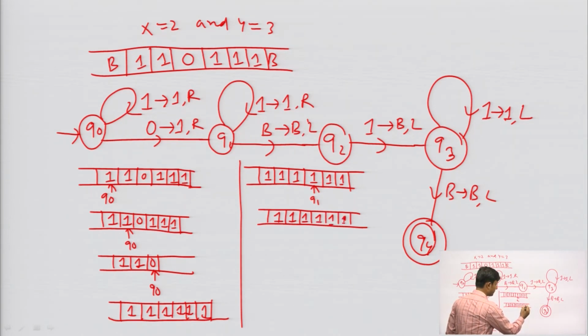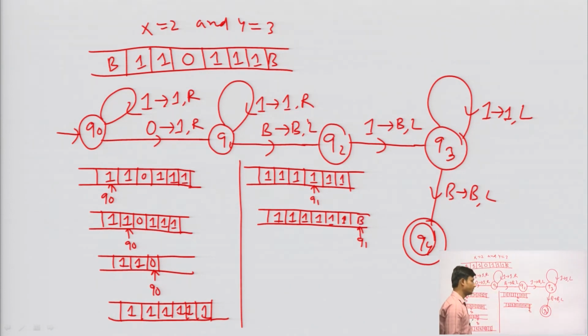After this, Q1 points to a blank, because for all 1s there is a loop in Q1. So move right. Now when Q1 reads a blank, you just move towards the left.